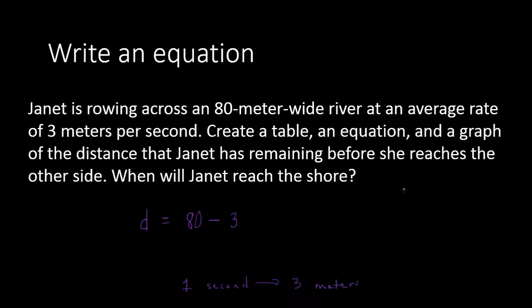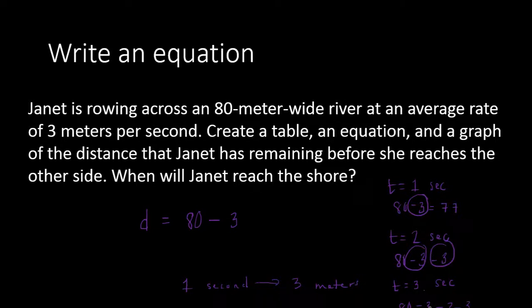We said at time equals 1 second, we did 80 minus 3 to get 77. At time equals 2 seconds, what did we subtract? We subtracted 3 again. So essentially we did 80 minus 3 minus 3, right? And then for time equals 3 seconds, we subtracted 3 again, right? 80 minus 3 minus 3 minus 3. So what are we doing? Each time we're subtracting another 3.